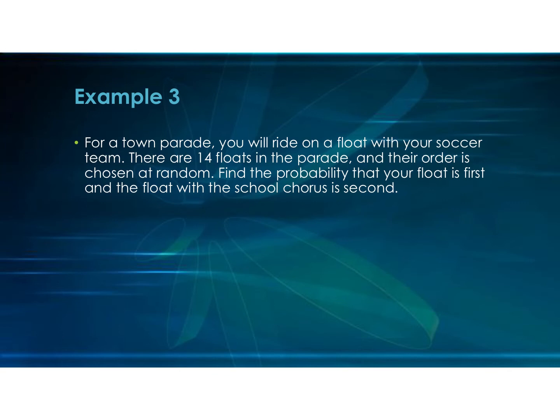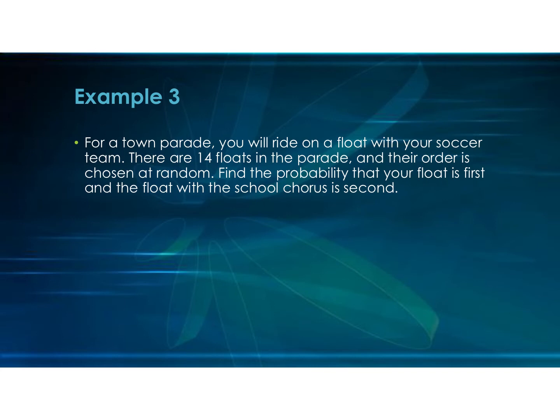So for example 3, now this is where it gets a little tricky because now we're bringing in probability. So for a town parade, you will ride on a float with your soccer team. There are 14 floats in the parade, and their order is chosen at random. Find the probability that your float is first and the float with the school chorus is second.